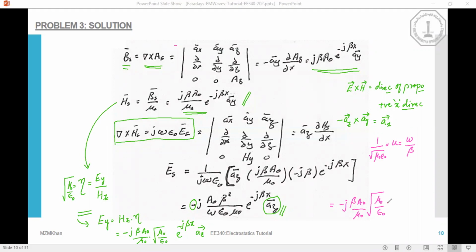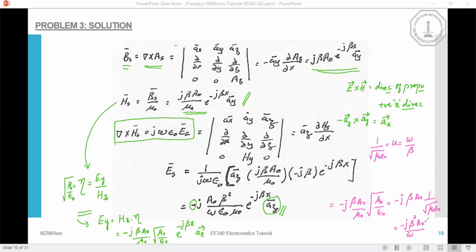So this will be minus j beta A naught. It is 1 over root of mu naught epsilon naught, which is equal to omega over beta. So minus j beta squared A naught over omega, root of mu naught epsilon naught.